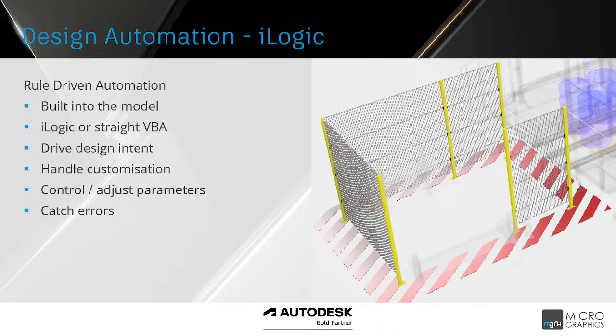So we can create these rules that allow us to handle customization. If the user says, I need a 6-meter long piece of fencing, the design automation can pick up that, okay, that's more than the 2.4 meter standard size. Let's put in 2 standard size fences with the posts in between, and then put in a filler piece that is shorter with a post at the end.